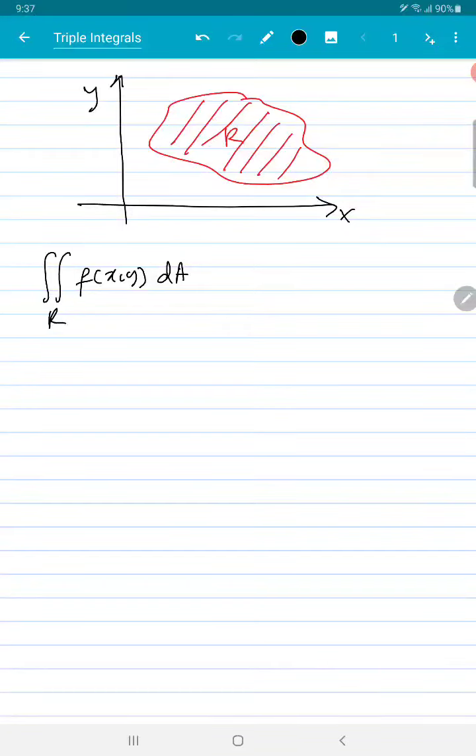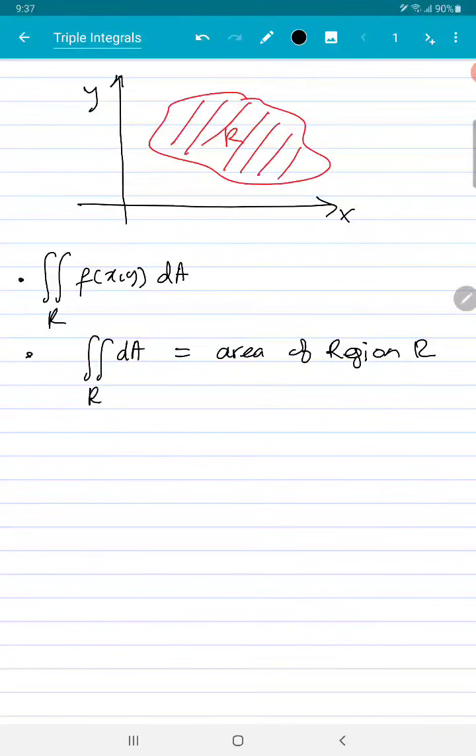And of course, if you only have dA over region R, that will give you area of region R. Okay, so that is double integral.